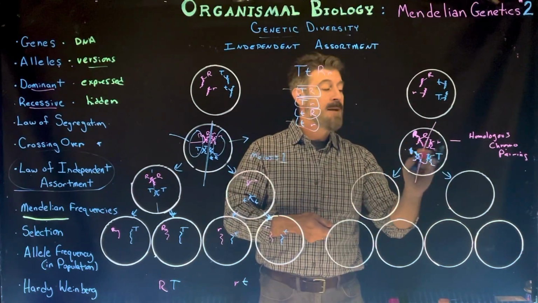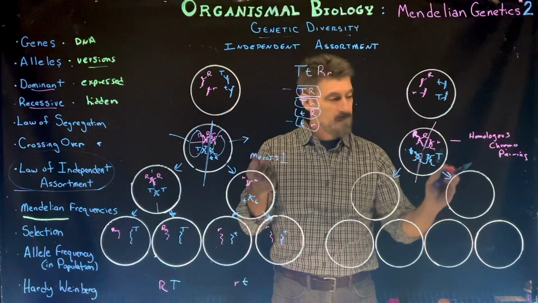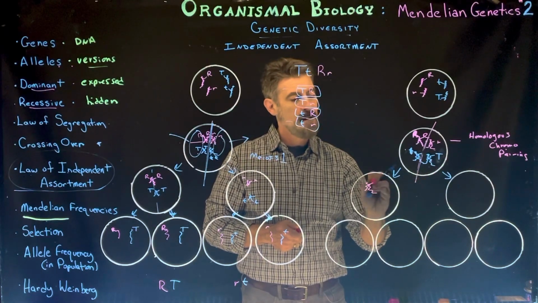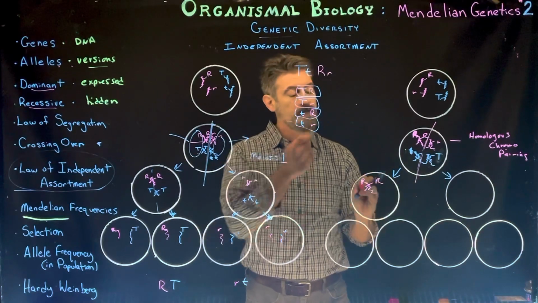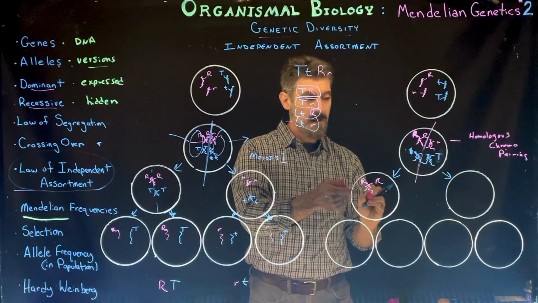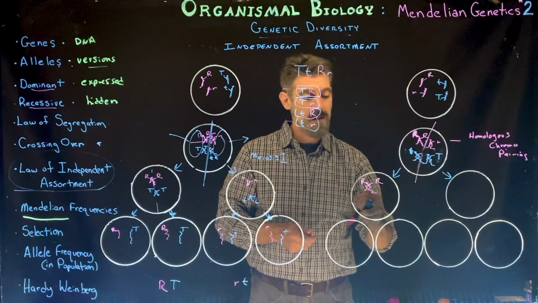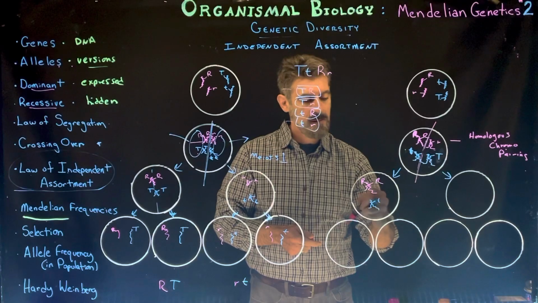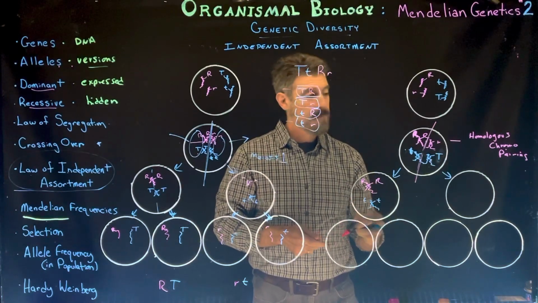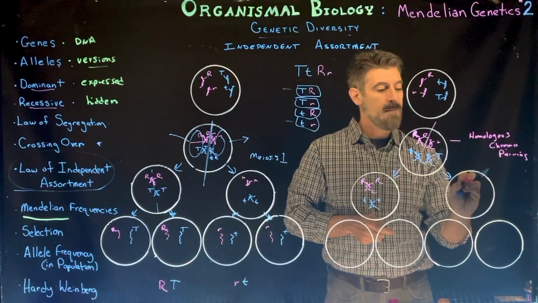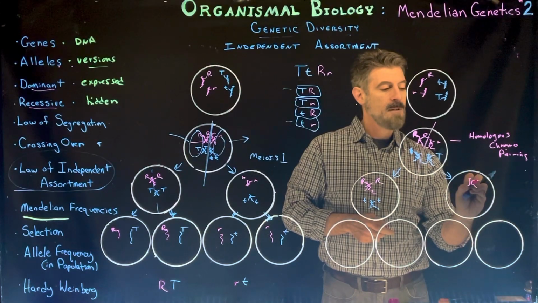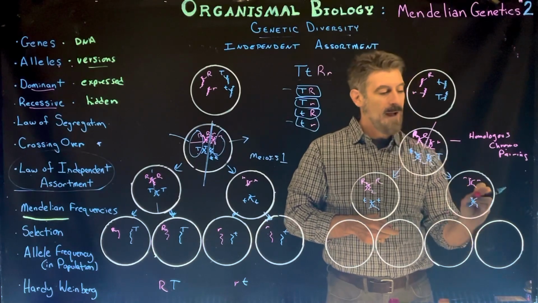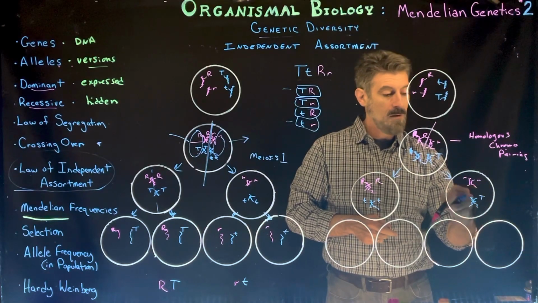So what would happen then is we get the first division of meiosis 1, and this particular cell has the chromosome with the flower color gene, and it's red, and also the chromosome with the height gene, which is short. And over here we have the flower color gene, which is white, and the height gene, which is tall.